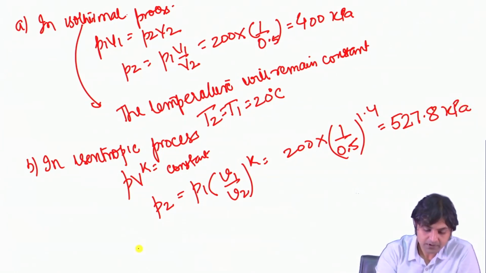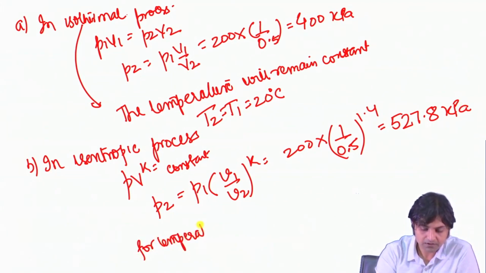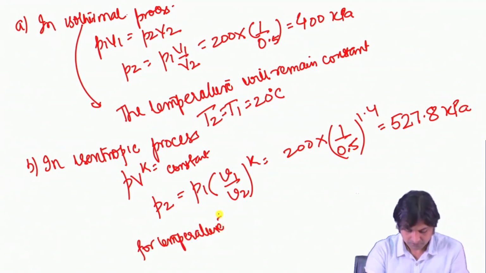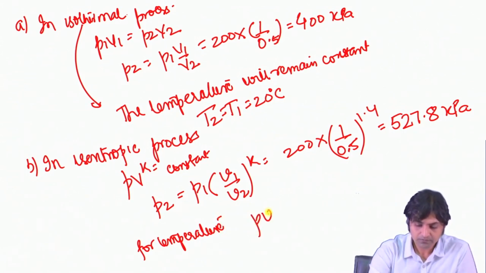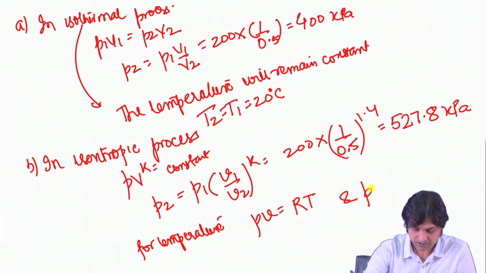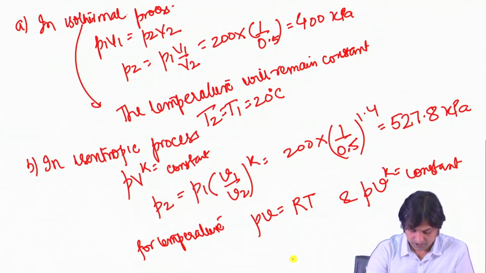Okay. Now for temperature, PV is equal to RT and PV to the power k is constant. Right.